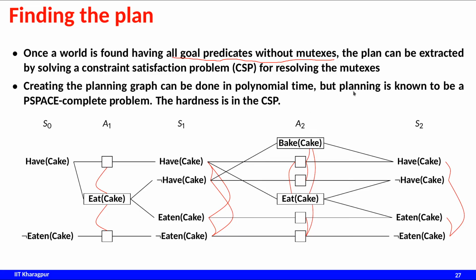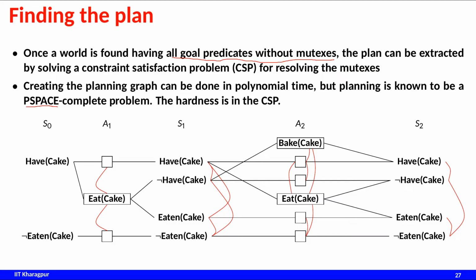But while creating the planning graph can be done in polynomial time, planning is known to be a PSPACE-complete problem. We will not go into what that means, but if you are interested, you can look into it. The hardness comes from finding the plan, because we need to solve a CSP, which is a hard problem.